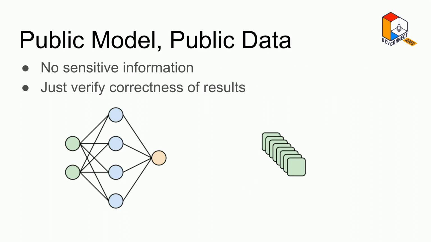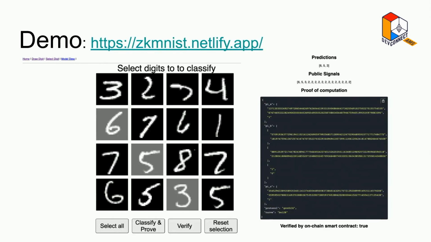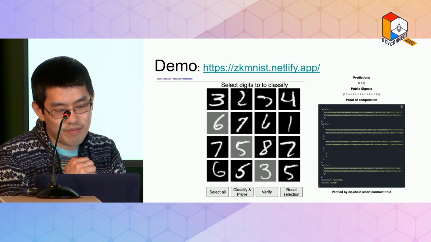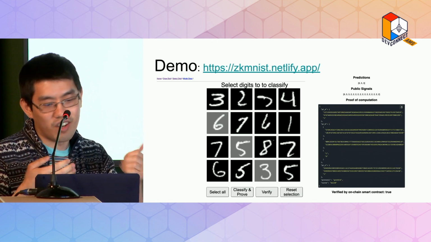And finally, in the case of a public model and public data, there's no sensitive information, but it's still useful to verify the correctness of the results of applying this machine learning model on this public data.